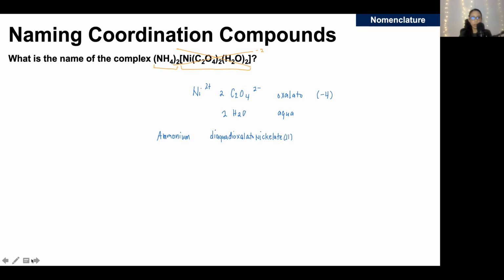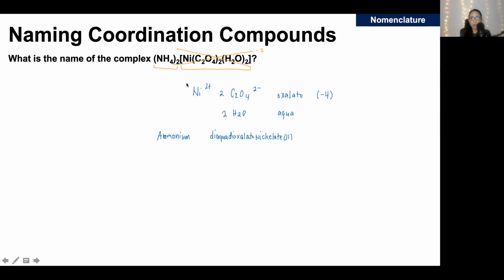Okay, let's check. Ammonium. Why is it bis oxalato? It should be dioxalato, because you don't have any prefix in oxalato, it should be di. Okay, this is okay. Let's use this. So it should be dioxalato nickelate 2.